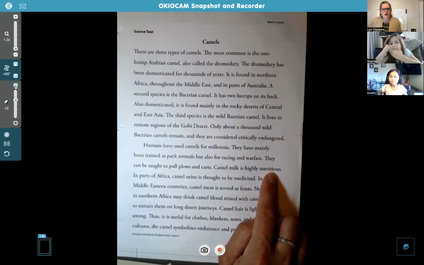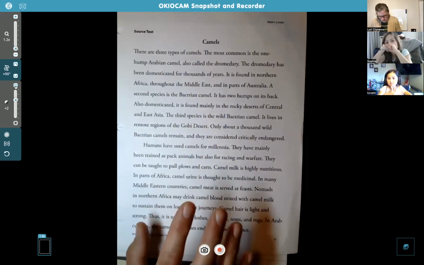Cookies and cupcakes are tasty and it's okay to eat those, but they're not necessarily nutritious. You couldn't just eat cupcakes every day for the rest of your life. You would be sick, right? But vegetables and fruits you could eat every day and that would be good for you.